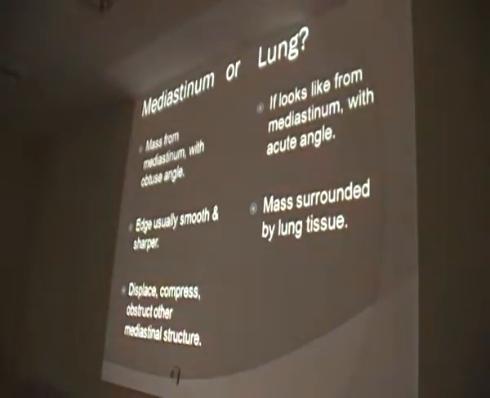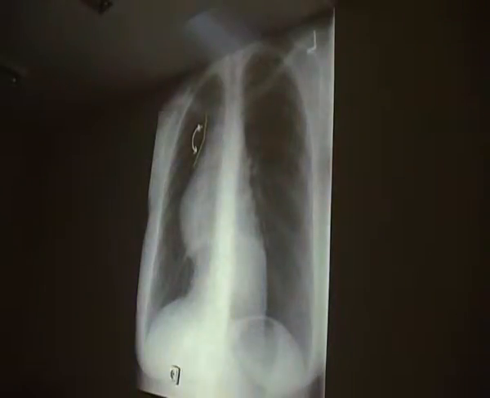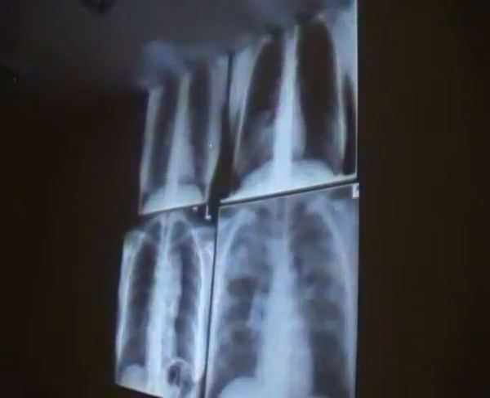But let's say it's coming from the mediastinum. For the lung, usually the angle will be more acute and from the mediastinum more obtuse. I demonstrate here the angle I try to make. If from the mediastinum, you can see the angle is larger. If from the lung, then the angle will be smaller. For example, you can see the angle here is very blunt.